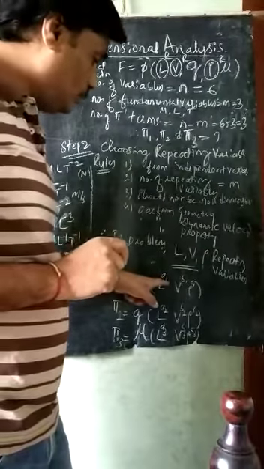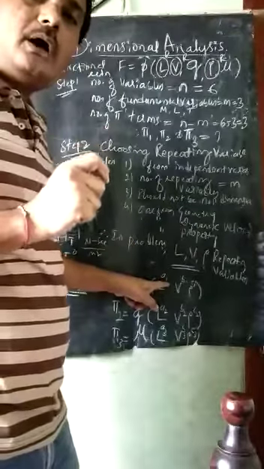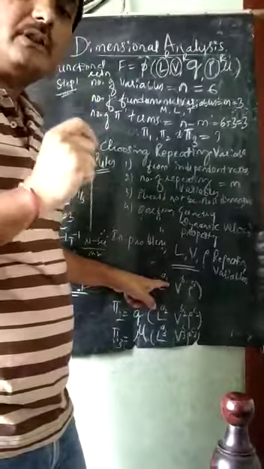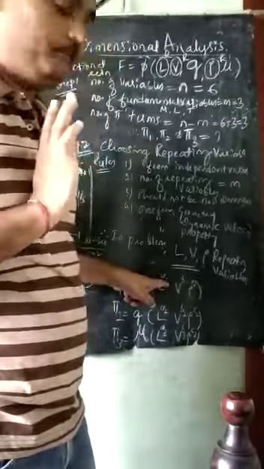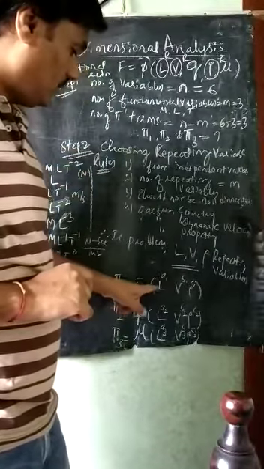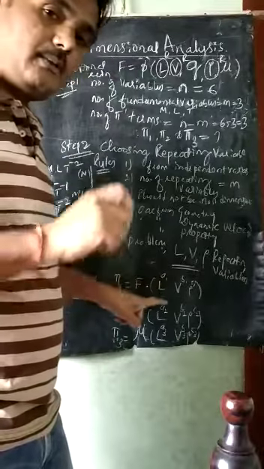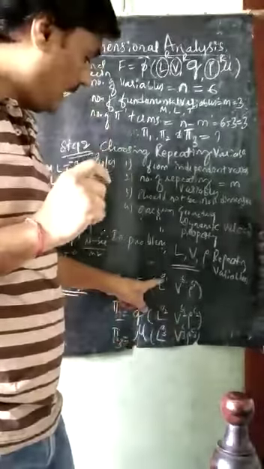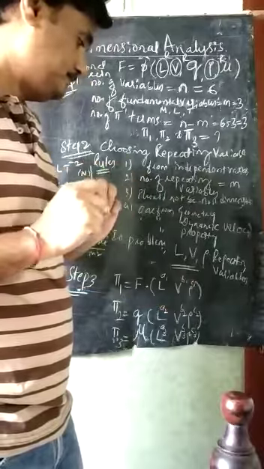Next we need to give unknown powers to the repeating variables only. For pi 1 I will give the unknown powers A1, B1, C1.